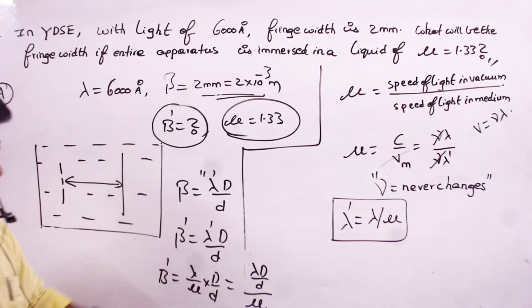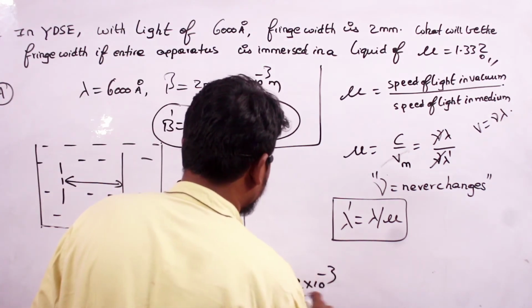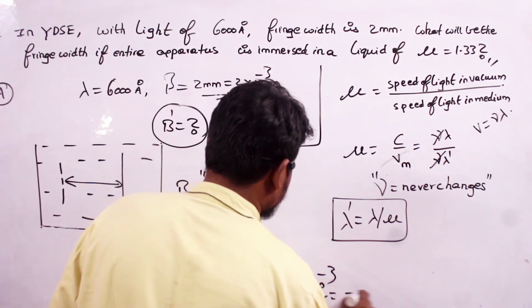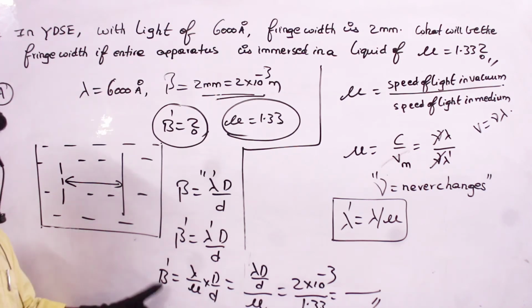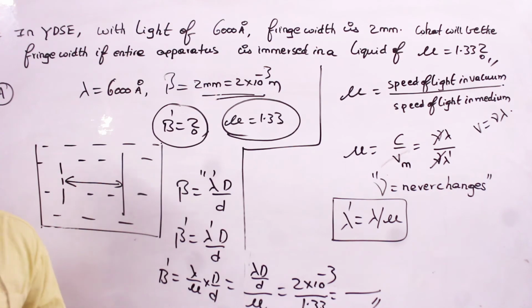So it is 2 into 10 power minus 3 divided by the refractive index, 1.33. Just do this calculation, and I will get the new fringe width when immersed in liquid.